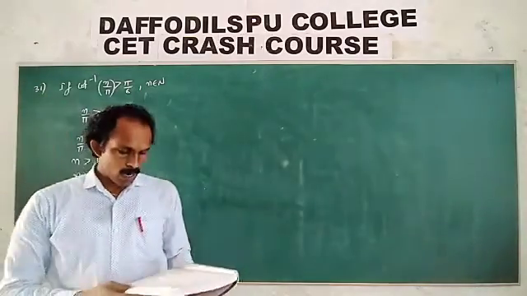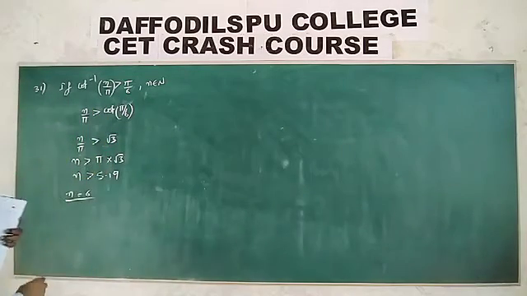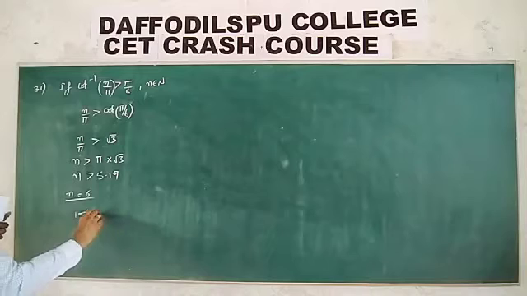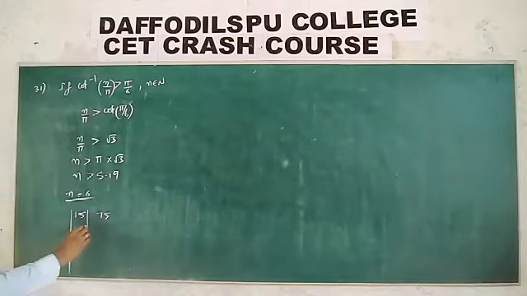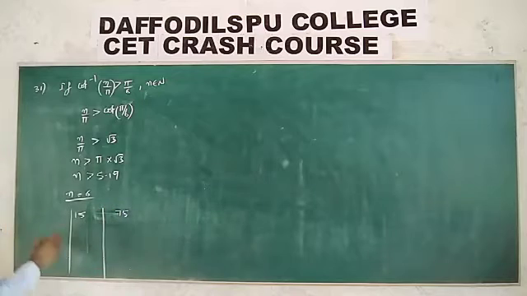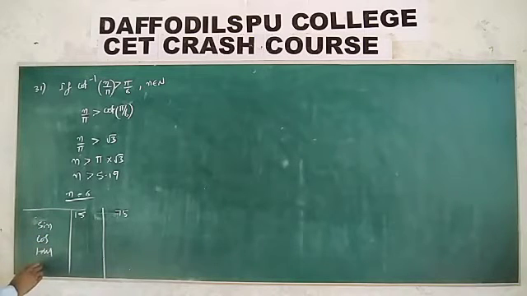Next, cot inverse of 2 plus root 3. We know the table, compulsory, remember this one, 15 degrees and 75 degrees. Learn sin, cos, tan and cot, important formulas.